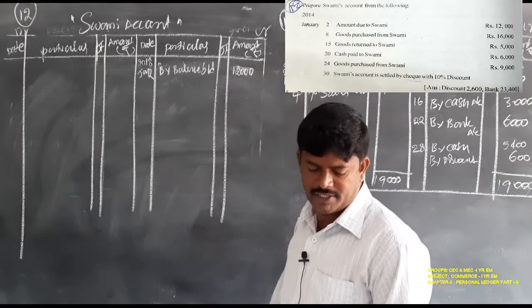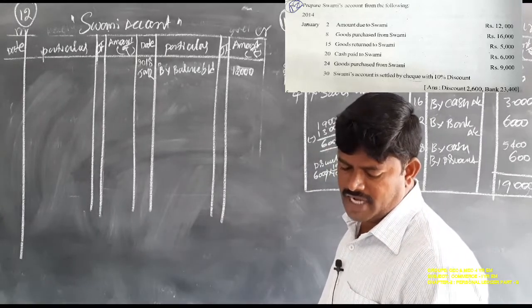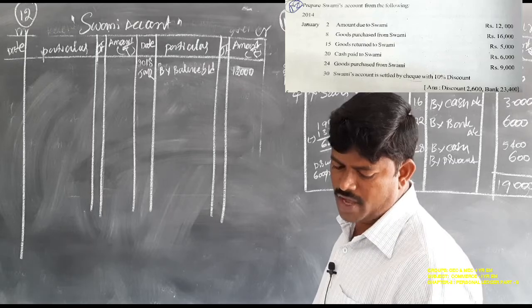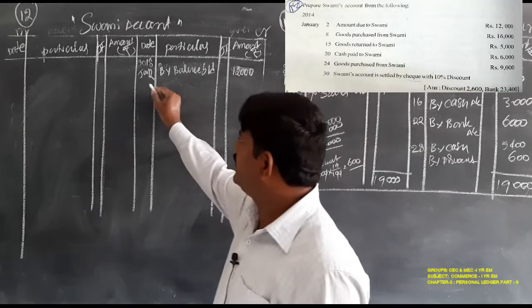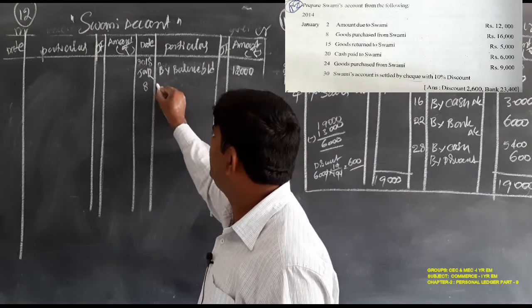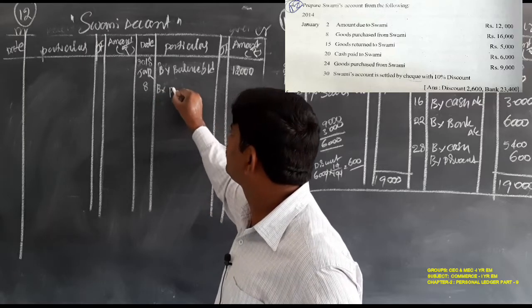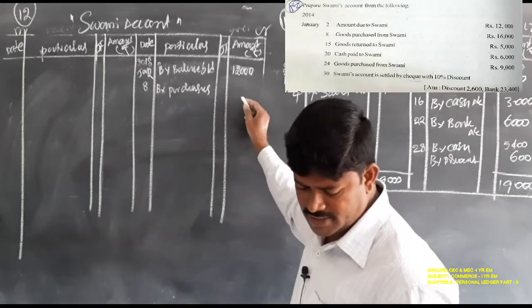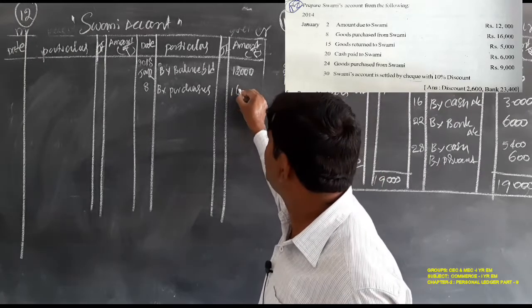This is the first transaction. January 8, goods purchased from Swami, it is also on credit side. By purchases, amount is 16,000 rupees.